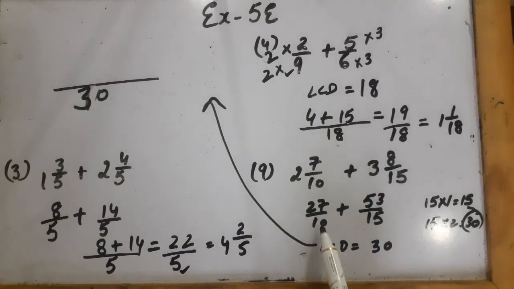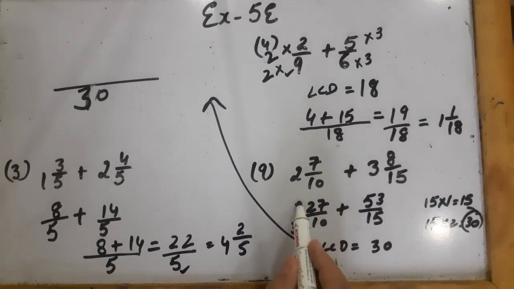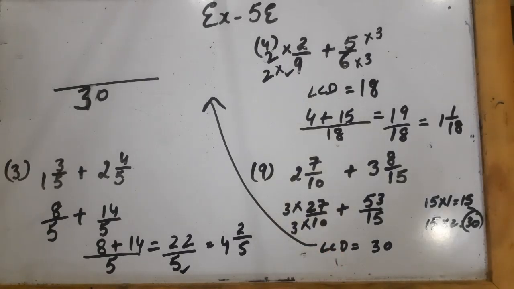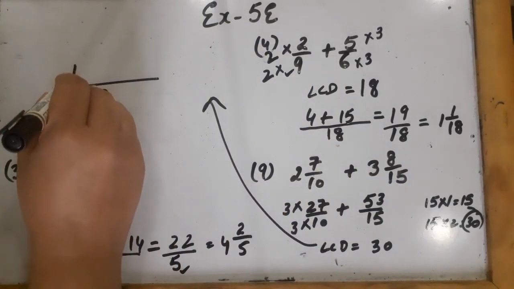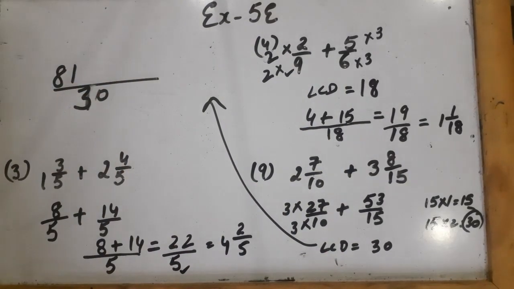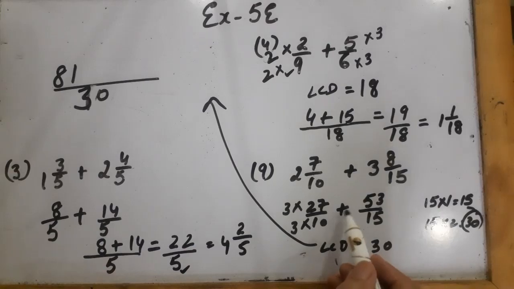Like 10, how will 10 become 30? This denominator will become 30 if I multiply with 3. 10 threes are 30. So 27 also I will multiply with 3. So I will get equivalent fractions. 3 sevens are 21 and 81. So I'll get 81. 27 into 3 is 81.